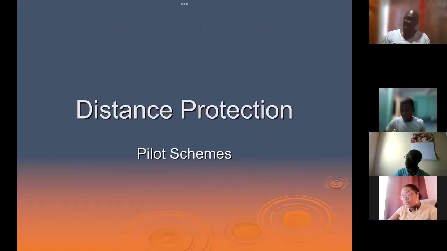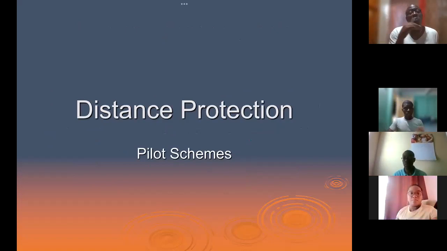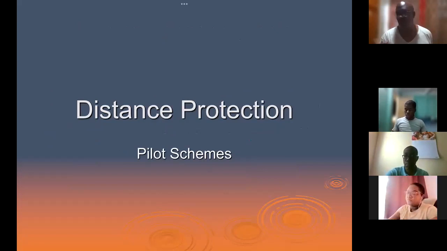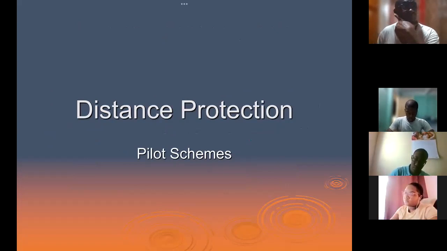So we're going to be looking at distance protection and distance protection schemes. Now, in looking at relays, we had spoken about the distance relay and the settings. One of the things we did not delve into were the various characteristics for your distance relays.